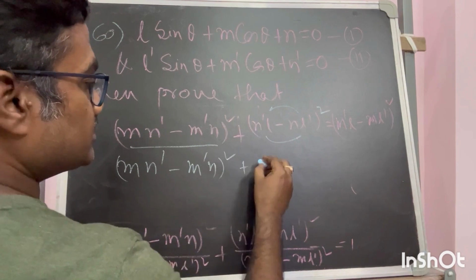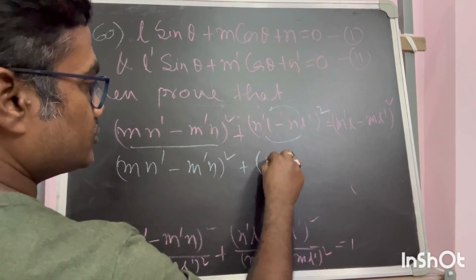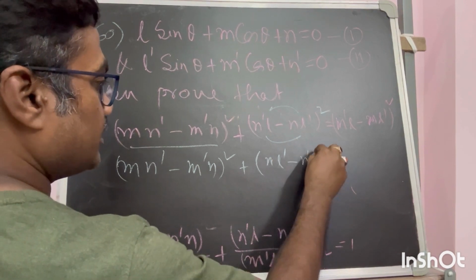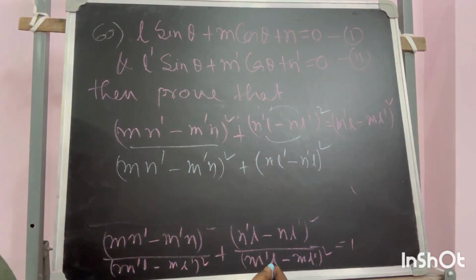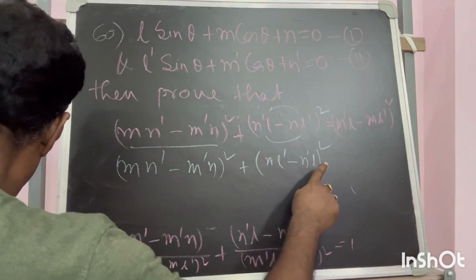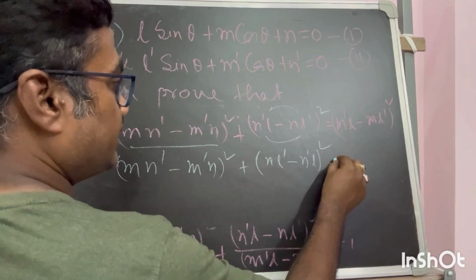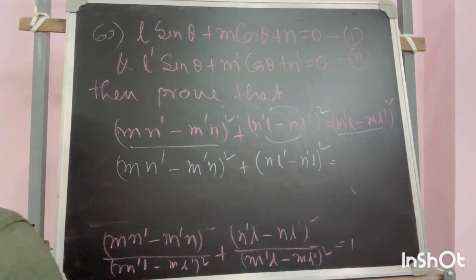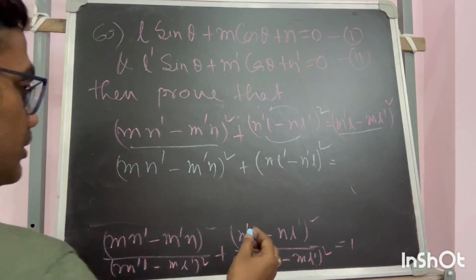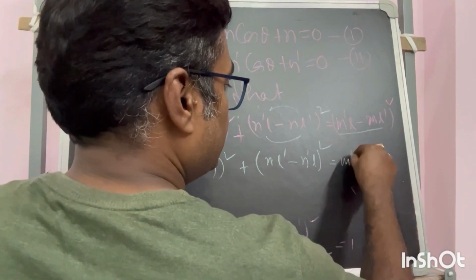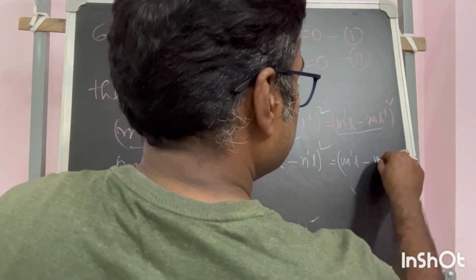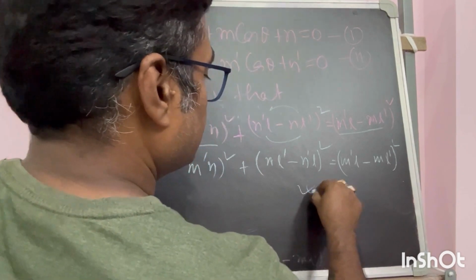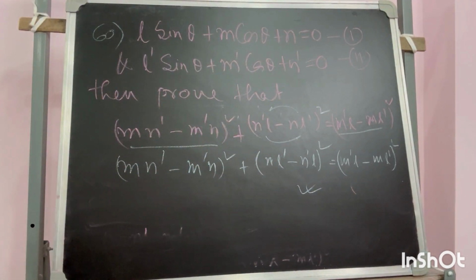Now if I take minus sign, so minus whole square, this is same, so that was N L dash minus N dash L whole square, that won't change the value, and the term on the right hand side is M dash L and M L dash. This is as per the proof. So that being proved that this is equal to M dash L minus M L dash whole square. So this is proved. Okay. So this is number 60.